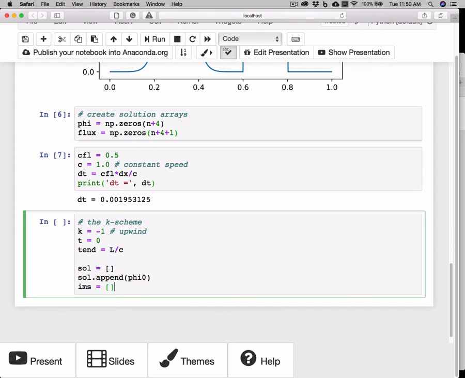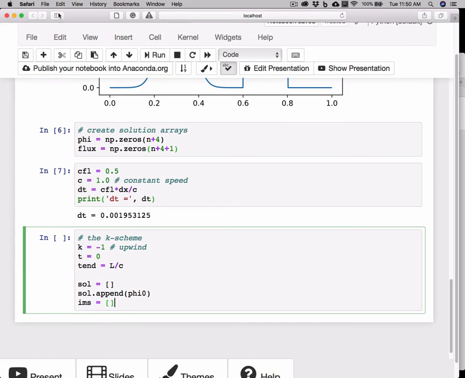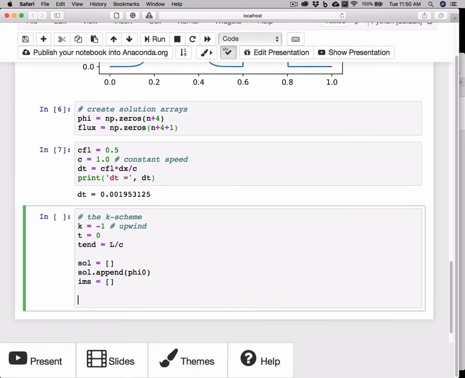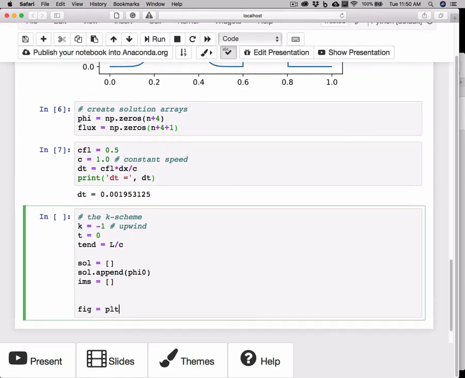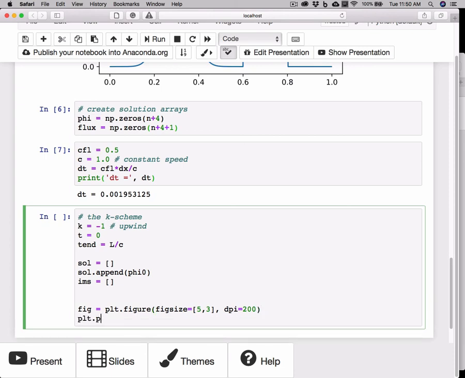Okay, let's see what I did here. I did some acrobatics for plotting that I'm not going to do for you here, just for simplicity. plt.figure, I'm going to create a figure, figsize equal 5 by 3 maybe, and dpi equal 200. plt.plot, I'm going to put the initial plot, x[2:-2], phi0[2:-2], because I want to do an animation.